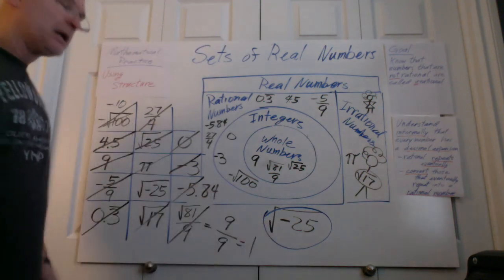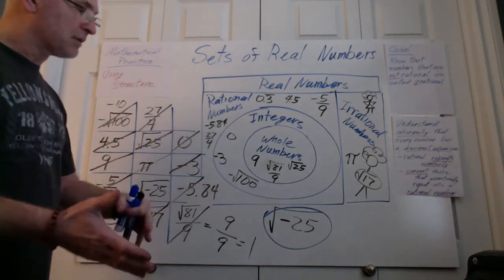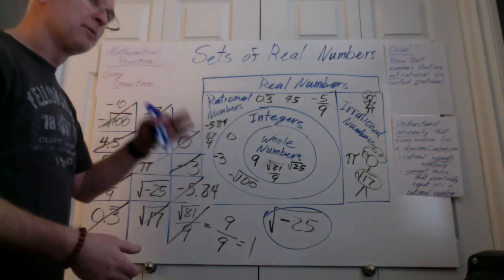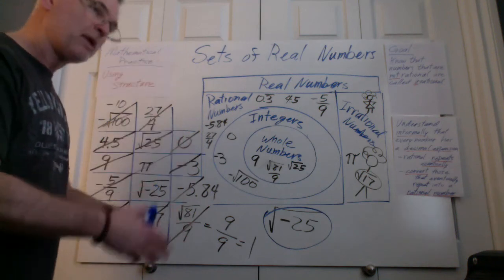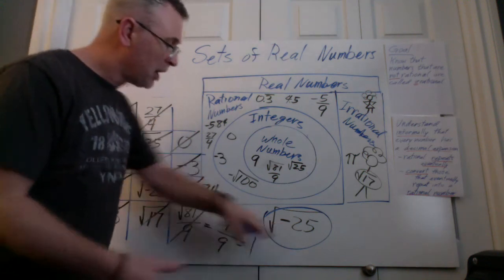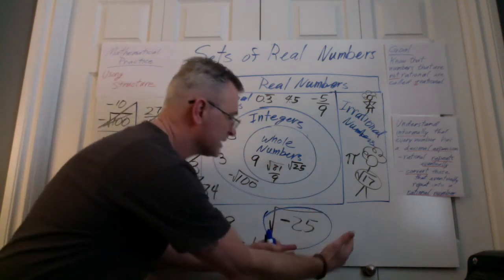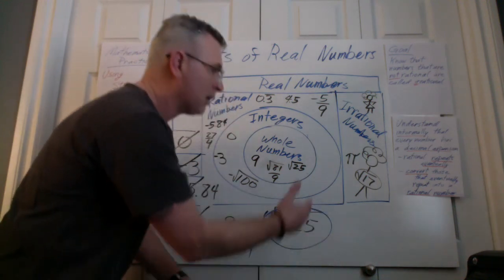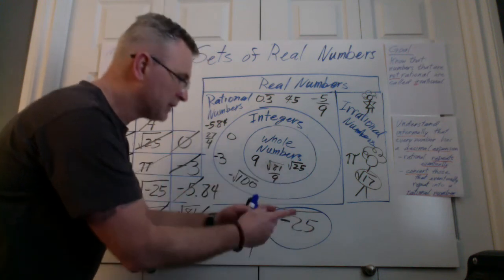Now, the square root of 25 is either 5, because 5 times 5 is 25, or negative 5 times negative 5, which is also 25. But if we wanted a negative number under that radical, something times itself has to be negative 25, and nothing times itself can end up being negative, because if they're both negative, it ends up being positive.